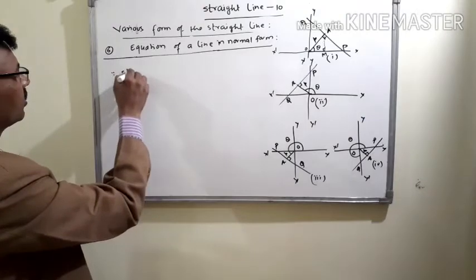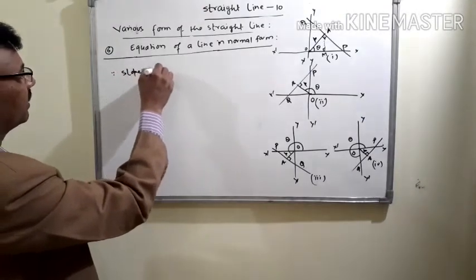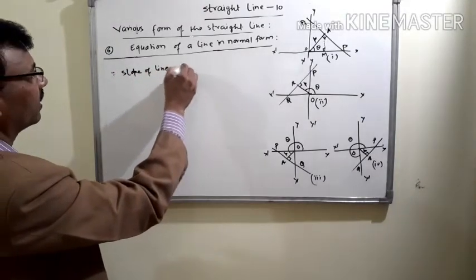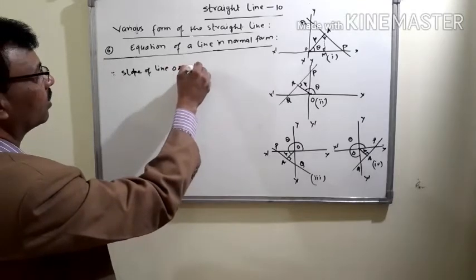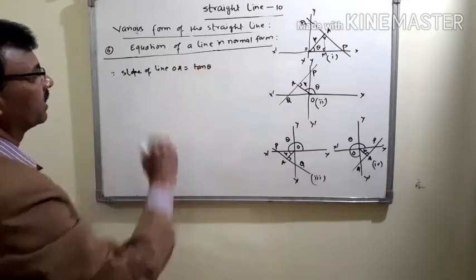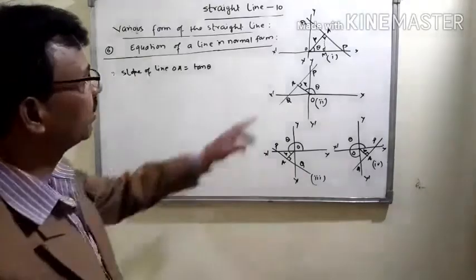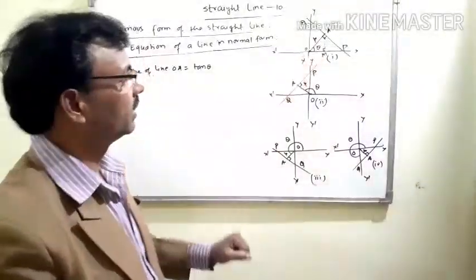The slope of line OA is equal to tan theta.